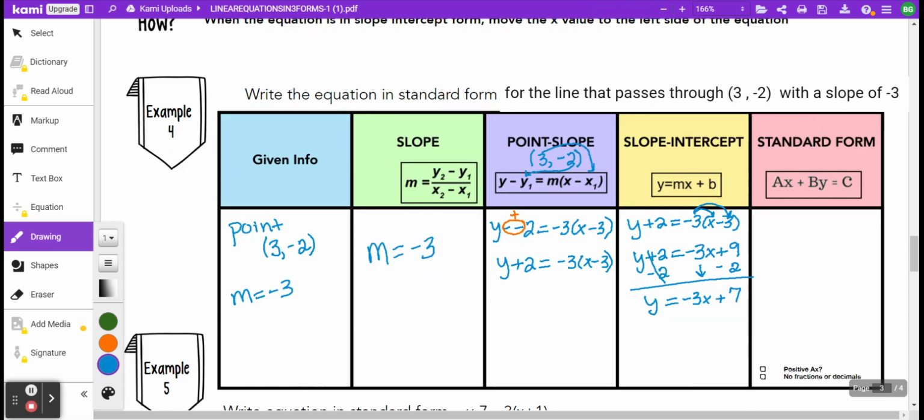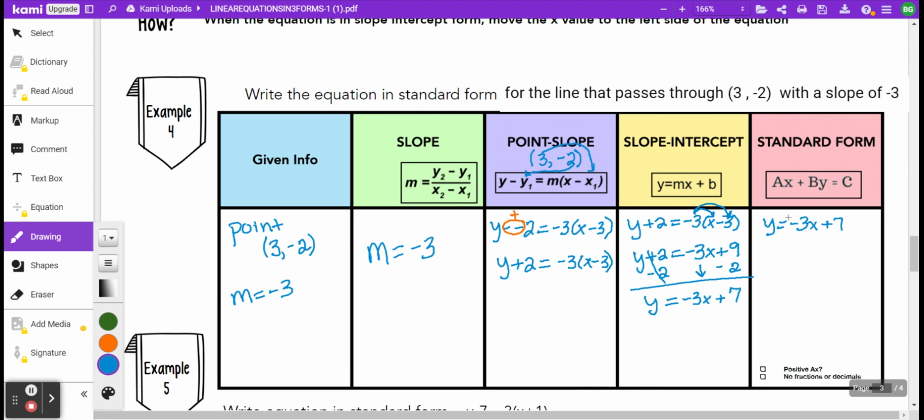Okay, so our last part, standard form. I want to start with my slope-intercept. So we had y equals negative 3x plus 7. I want to get my ax and by, meaning both my x and y values, to the left-hand side. So we're kind of doing a little bit opposite of what we just did.